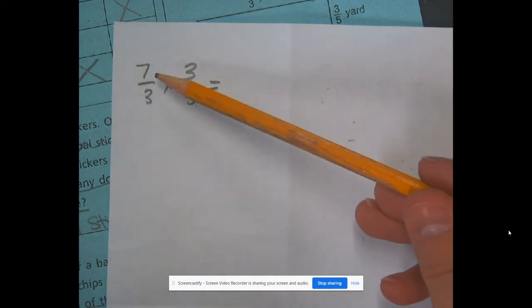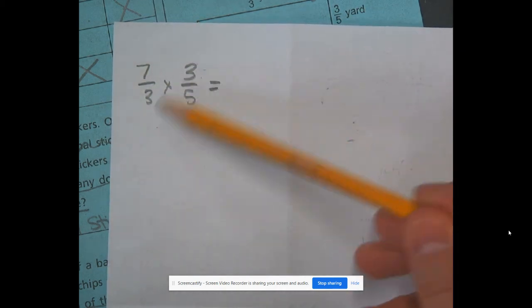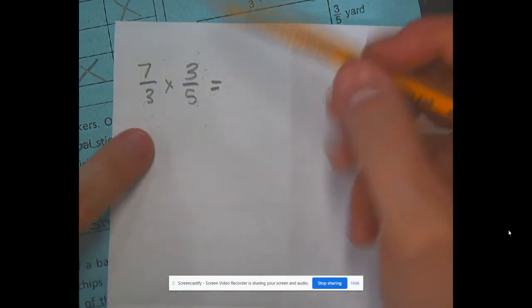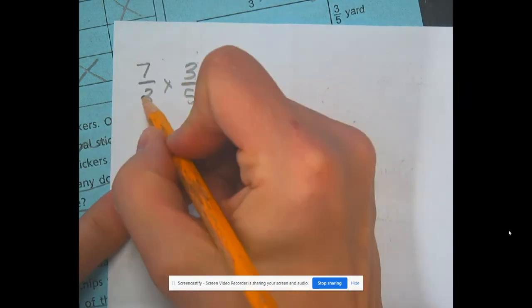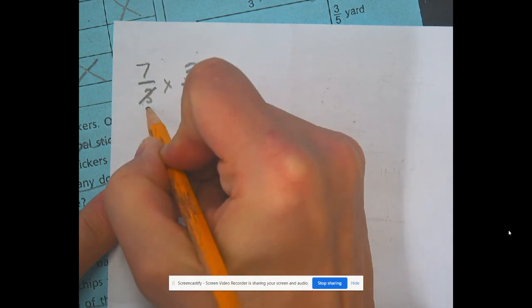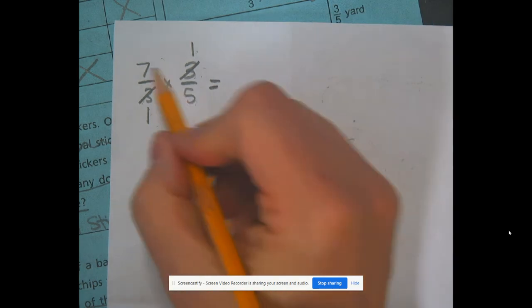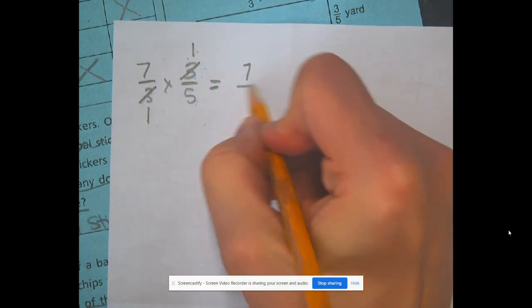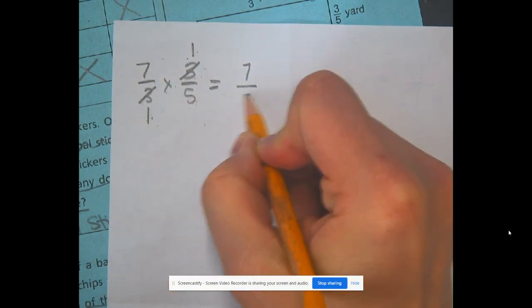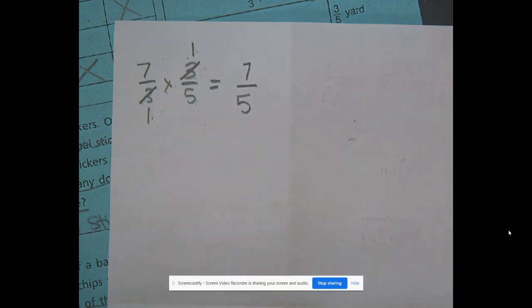Okay, what are we going to do first? Cross cancel. Oh, yes, we can cross cancel. What can 3 and 3 be divided by? 3. 3 divided by 3 is? 1. Good. 7 times 1 is 7. 1 times 5 is 5. Well, can I leave it like that? Nope.